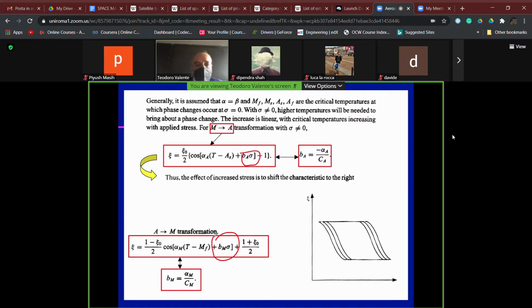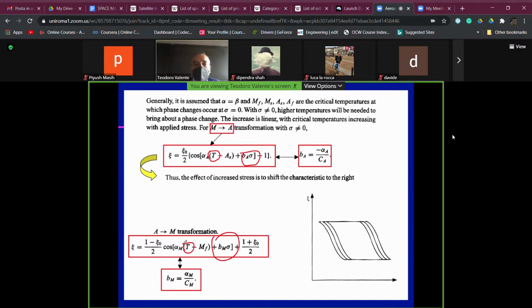Then we have the effect which is given by the variation of temperatures. That is, we have this term that is the real temperature here and here also. And then we have added also the stress effect.